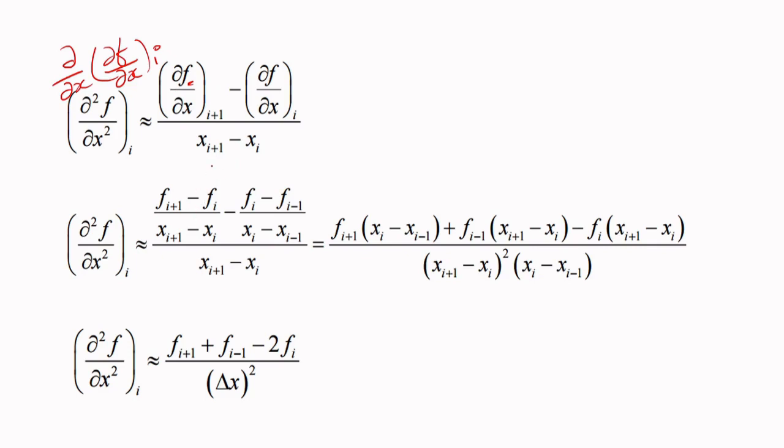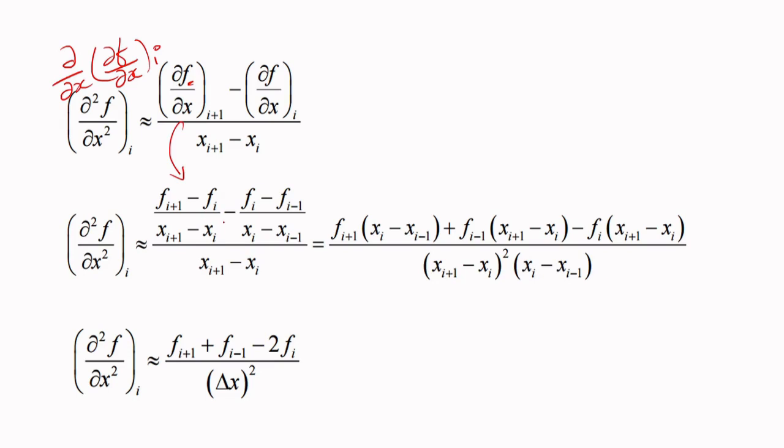Then substituting the actual values we have found for dou f by dou x at I plus 1 and I, the two schemes we have found just now, the equation becomes like this.